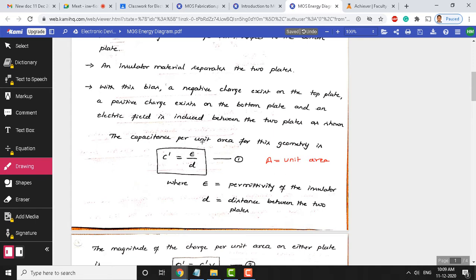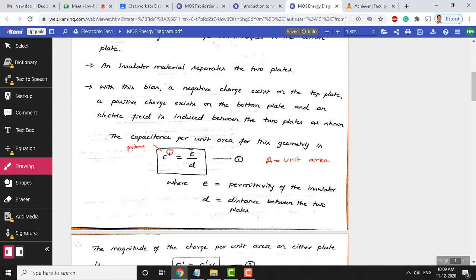Capacitance per unit area is denoted as C dash or C prime. So, C prime is equal to epsilon by d, because the area becomes 1, as this is applicable only to unit area. In IC designs and even in MOSFETs, we usually calculate the capacitance per unit area, not the actual capacitance.